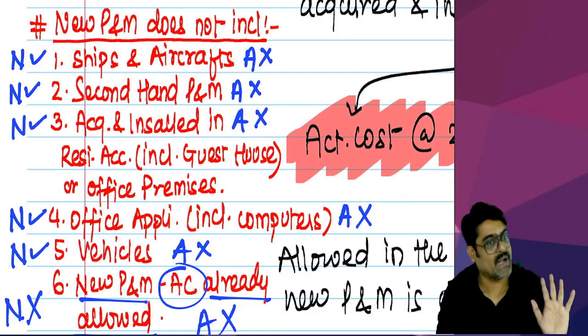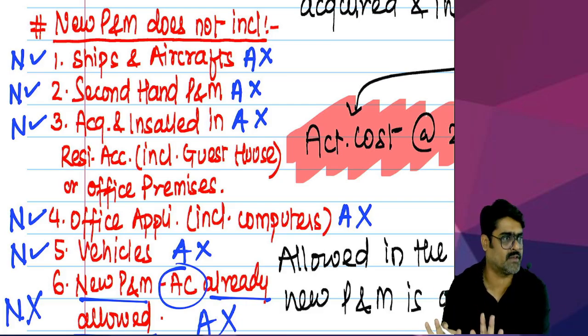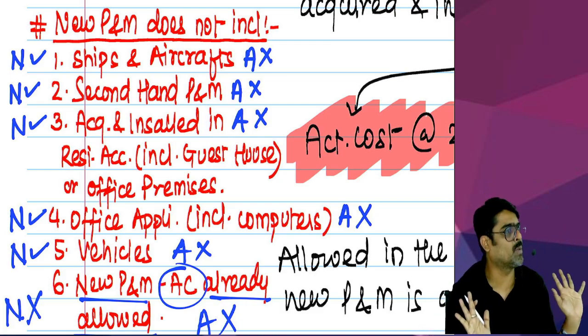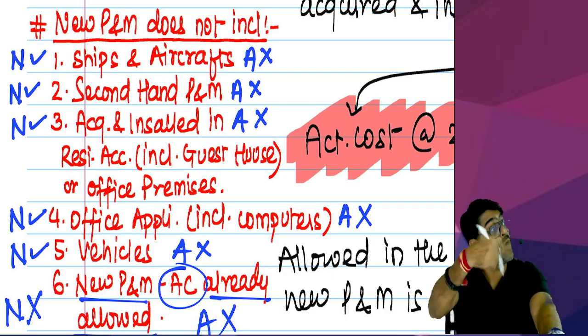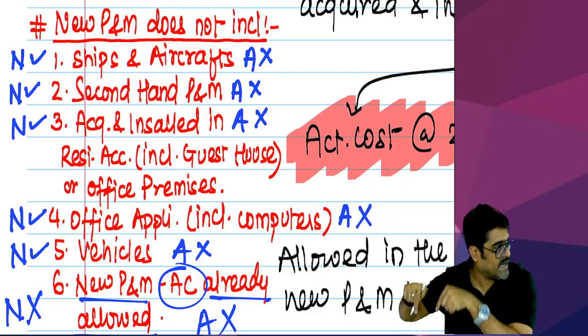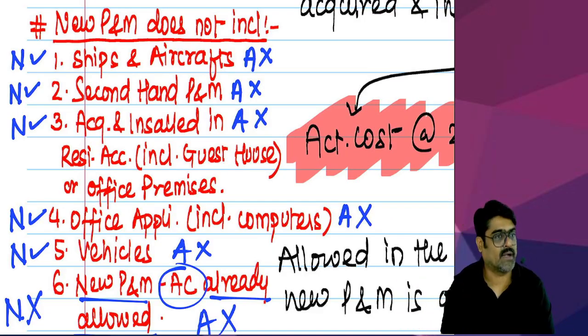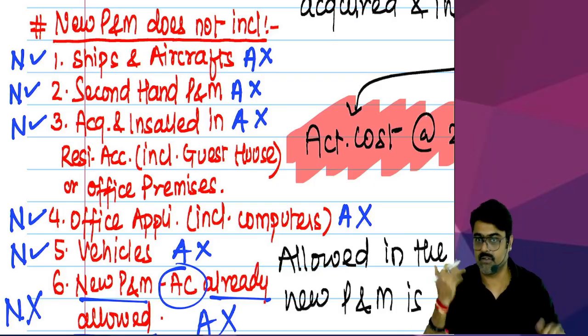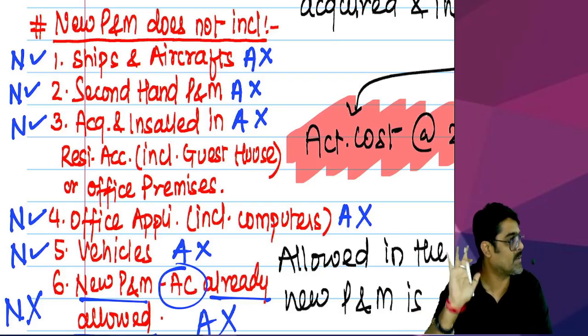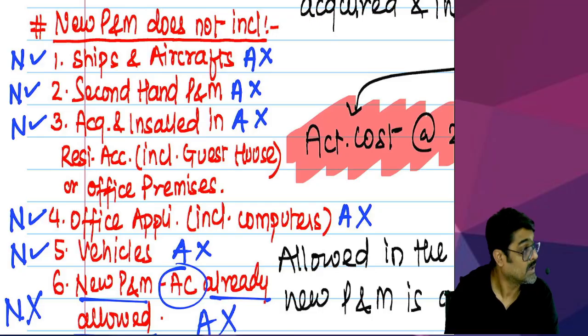So any new plant and machinery, even though it is new, if the actual cost you have already claimed under any of the other provisions of the Income Tax Act, we are not going to allow additional depreciation on those assets also, even though it is used in manufacturing.